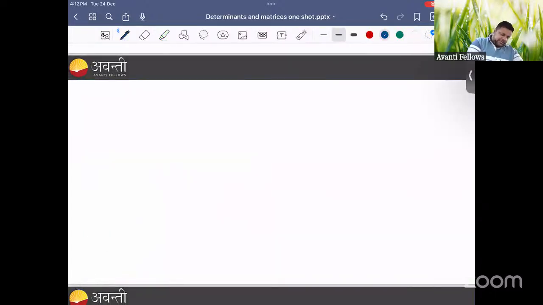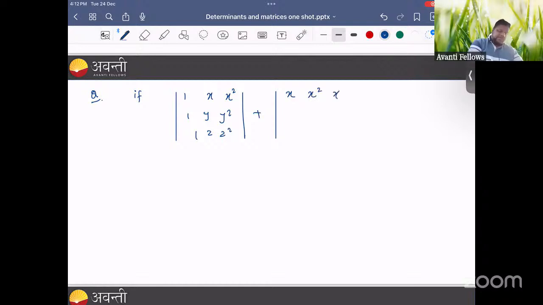If I ask you a question: if determinant 1, x square, 1, y square, 1, z is plus determinant x square, x cube, y square, y cube, and z square, z cube, this is 0.